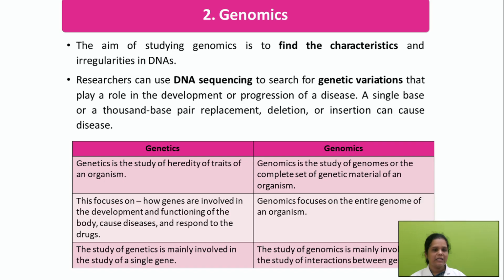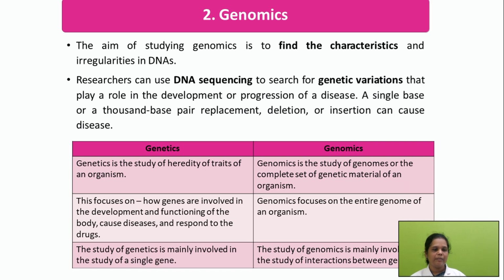This is the difference between genetics and genomics. Genetics is the study of the hereditary traits of an organism, whereas in genomics we study the entire genetic material of the organism.